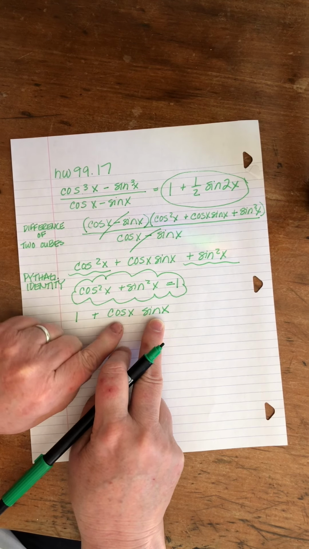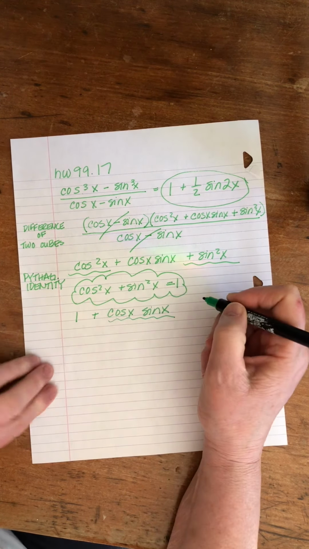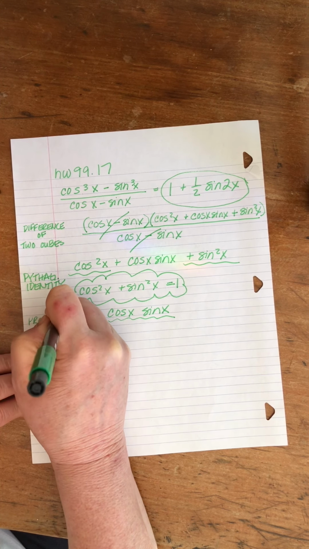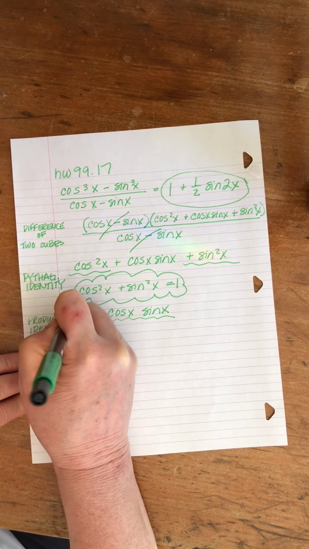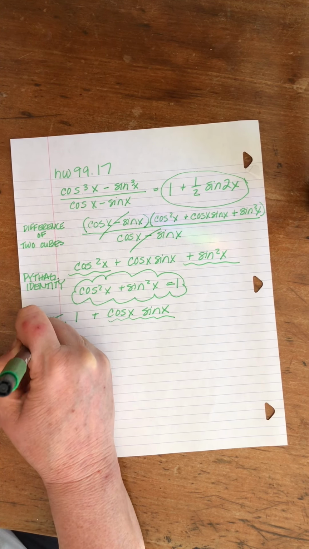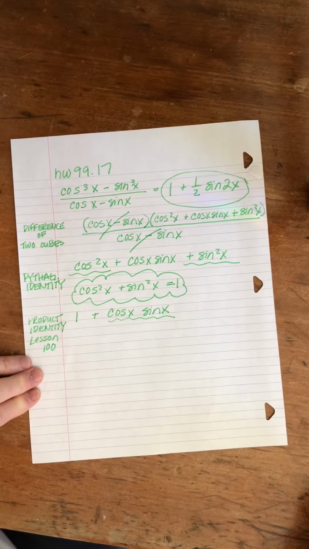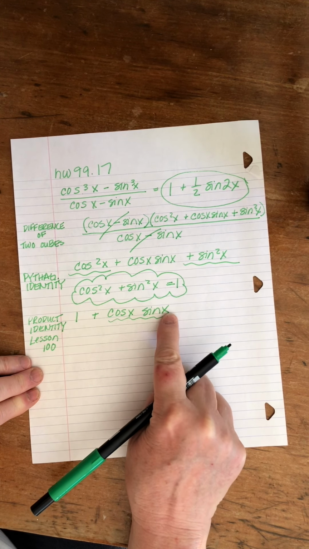But I see factoring this as a development that would only come from the product identities that we had in lesson 100. So I'm confused about the sequence of this, but let's remember how to develop this.